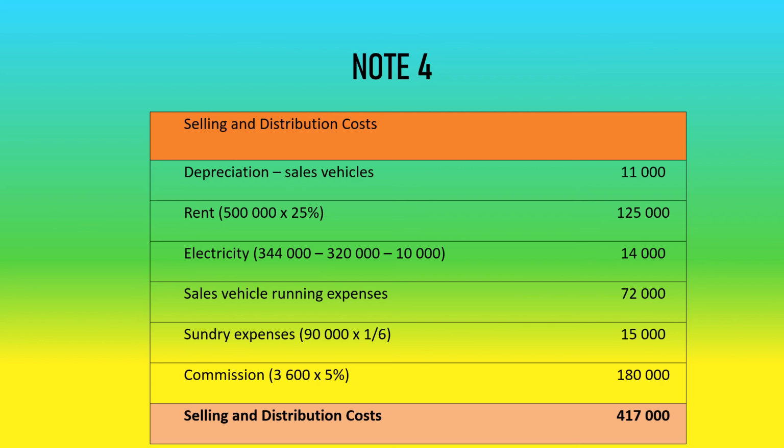Electricity, we also calculated the portion of the sales department. Sales vehicle running expenses was given to us. Sundry expenses, we calculated the portion for the sales department, and commission, we even did that calculation. So you can go look back at it. And then our selling and distribution cost was 417,000.